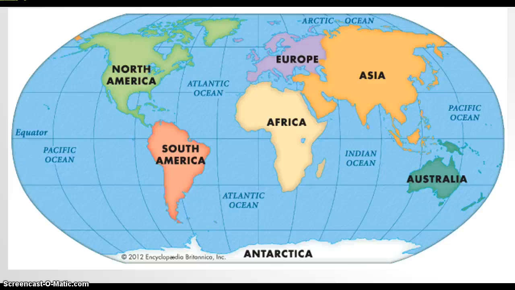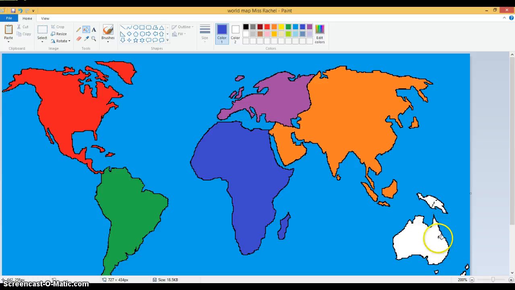The last continent we are going to look at and color in is Australia. Australia is one big island, or one big country and continent, and there are also some other islands as well. Some people call it Australia Oceania as well, and that's also correct. So we're going to go to our Paint and we're going to color Australia.